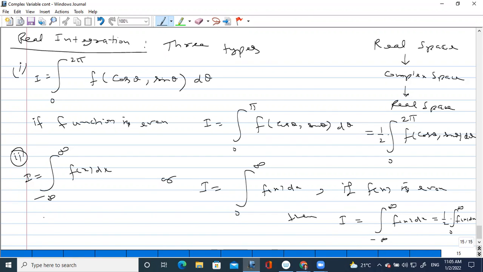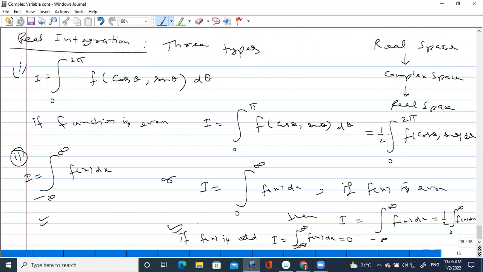Actually we will develop a formula which will be directly for this only, so you may not need this step. But if f(x) is odd, then definitely you can take I equal to the integral from minus infinity to infinity of f(x) dx, that will be directly 0.